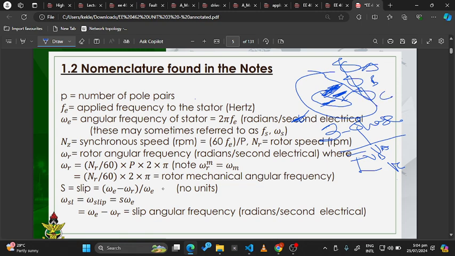Because the voltages are displaced from each other by an angle of 120 degrees, the currents are displaced by an angle of 120 degrees, and so are the fluxes.